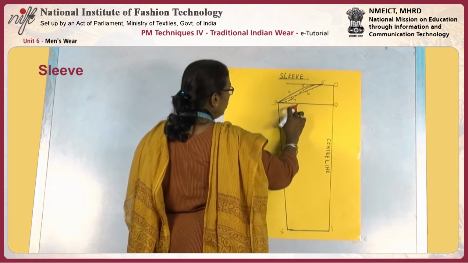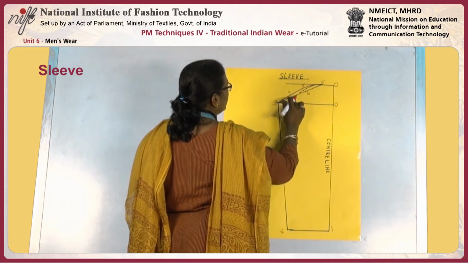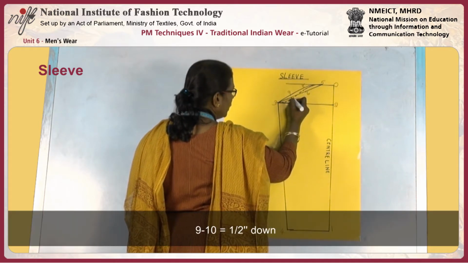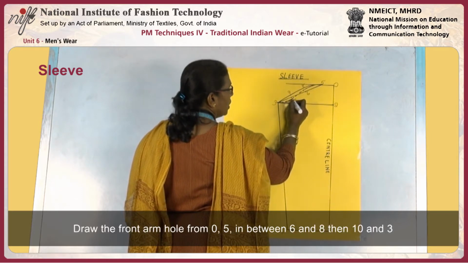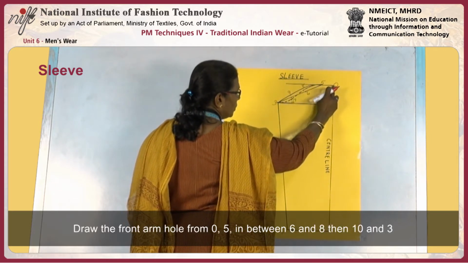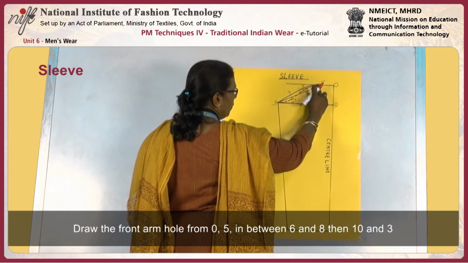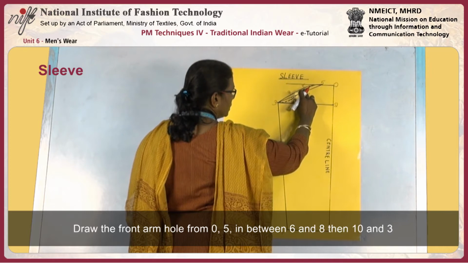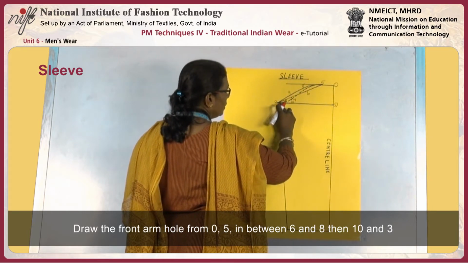And the front armhole, mark 9 to 10 as half an inch down and draw the front armhole from 0, 5, in between 8 and 6, then 10, then 3.